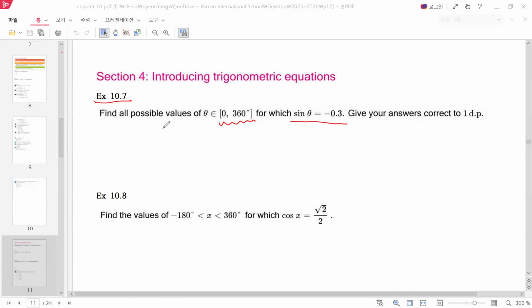Okay, students, firstly, I want you to calculate sine inverse of negative 0.3. What's this? Negative 17.46. Thank you.